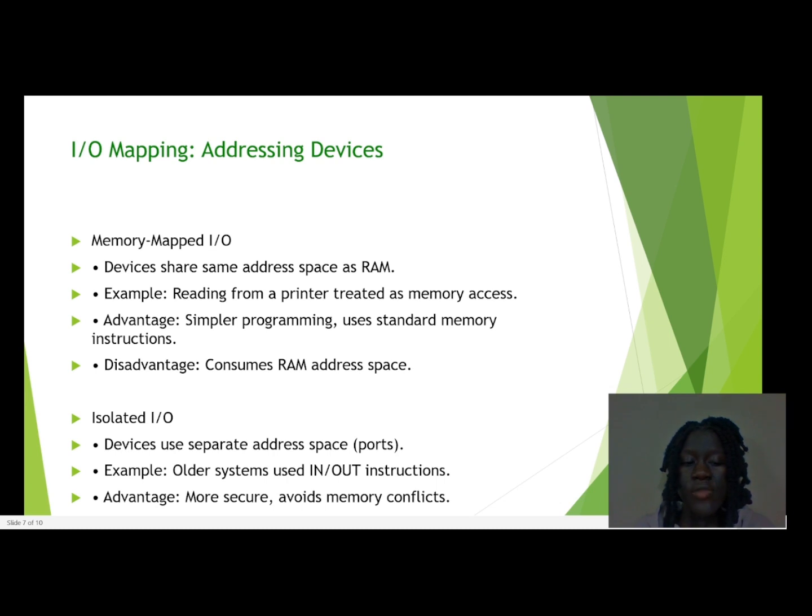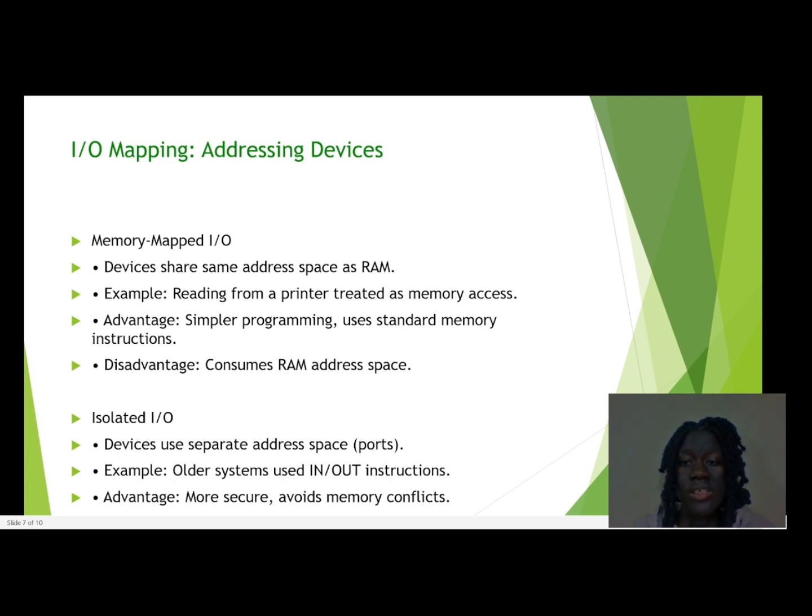In contrast, isolated I/O gives devices separate port addresses, accessed with special instructions like in older computers. This is more secure but complex. Secure in the sense that a person can't get access to your devices using your RAM because they do not share the same memory spaces.